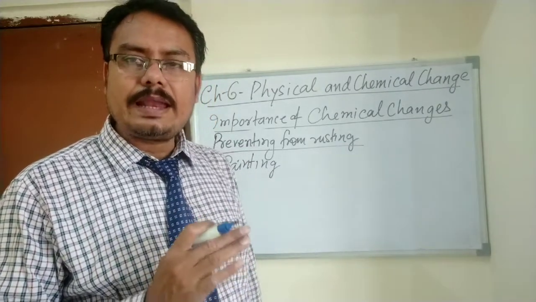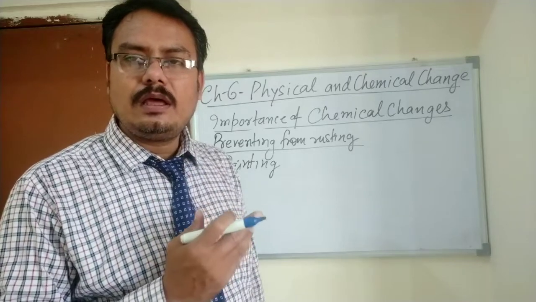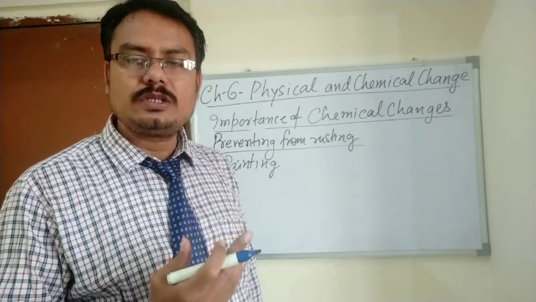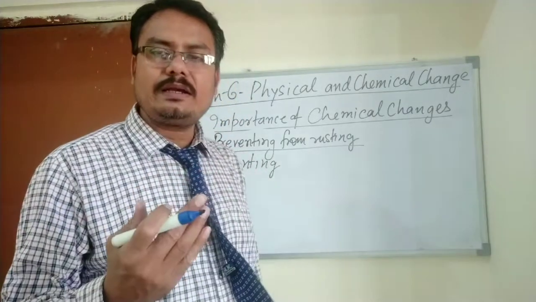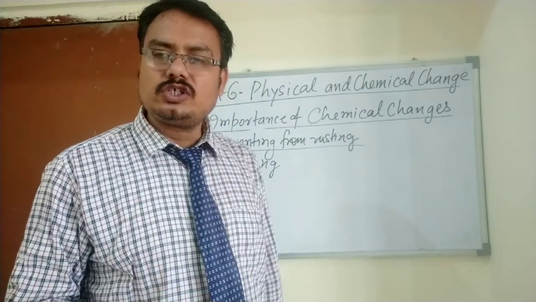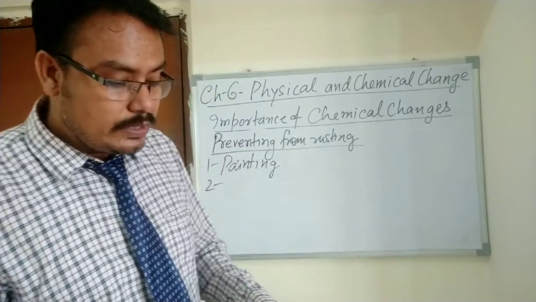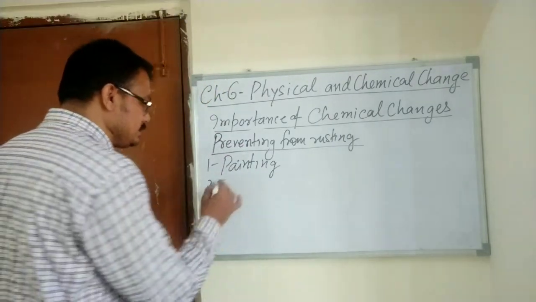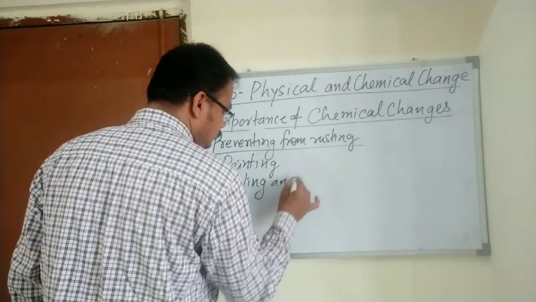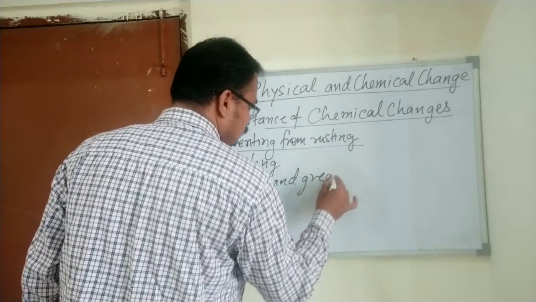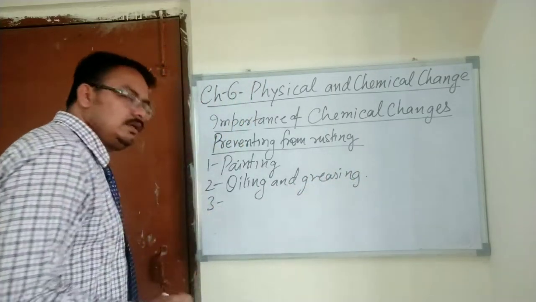How? This oil or grease forms a layer surrounding the iron object, and the iron object can't get direct contact with the moisture air and it will not rust. So student, oiling or greasing is also a method.